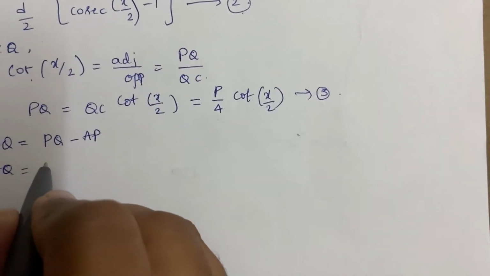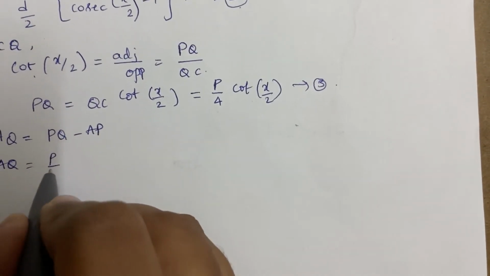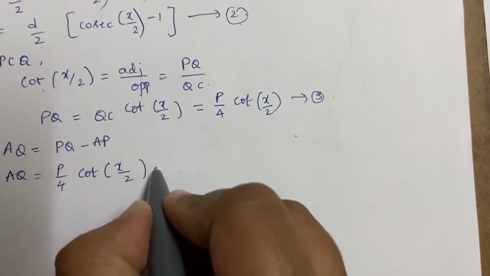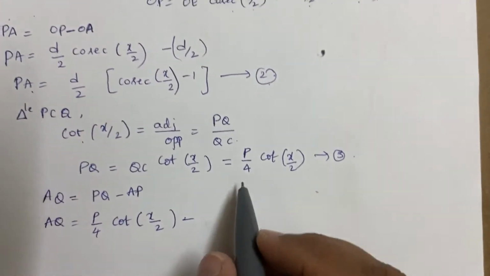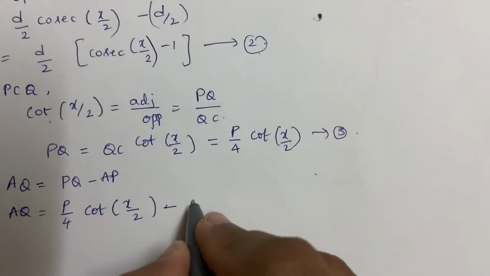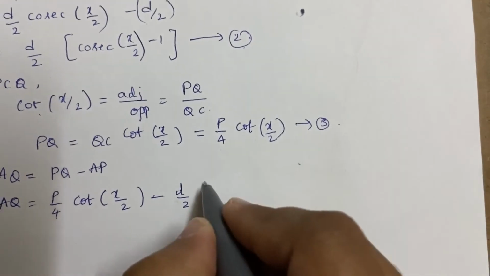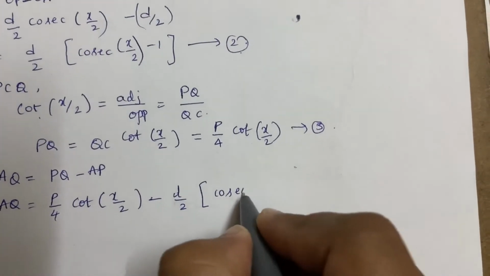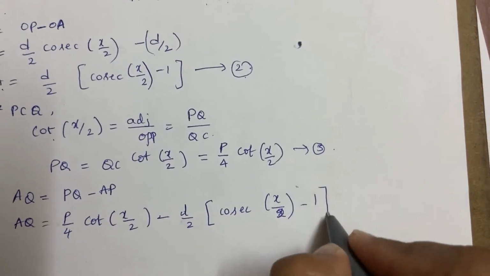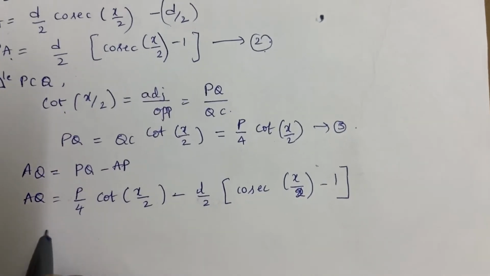From equation number 3, PQ is P by 4 cot x by 2, minus AP, which we got from equation number 2 as D by 2 times cosecant x by 2 minus 1. So this is the expression for AQ.